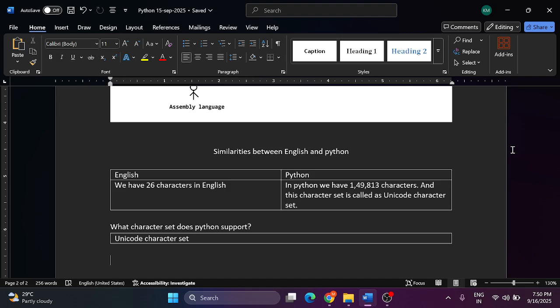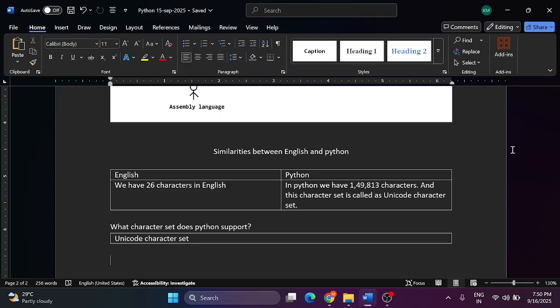Not only digits. If you see the 1, there you can see the exclamatory mark. Button 2, the at the rate symbol. Button 3, hash symbol. Button 4, dollar sign, percentage, caret symbol, ampersand, star, open parenthesis, closed parenthesis, underscore, minus, plus, equal to, square brackets, curly braces, backslash, forward slash, colon, single quotation, double quotation, semicolon, dot, less than, greater than.